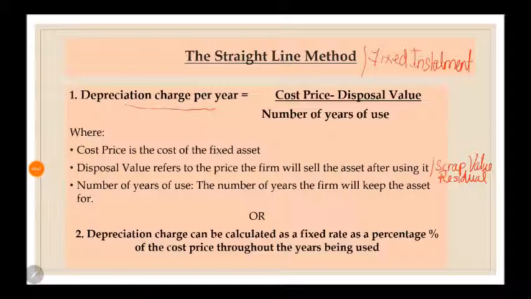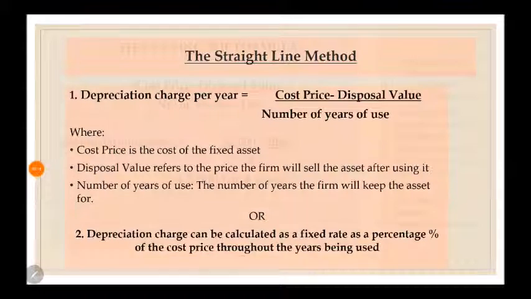And then you need to also know the number of years that you're going to keep the asset for. So if you're going to keep it for 4 years, 3 years, 5 years, that is how long you're going to keep or use the asset for in your business. The second way you calculate the straight line method, we're still on the straight line method, is when you actually find a percentage of the cost price of the asset. And we'll see that in probably another video. So let's move through this quickly.